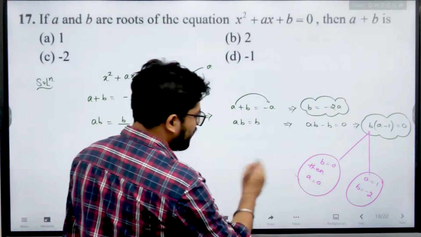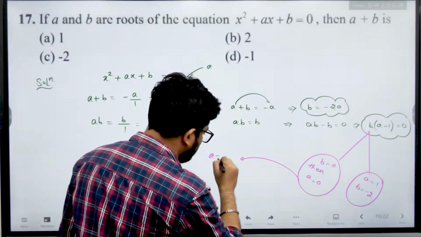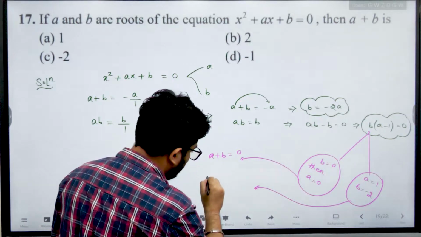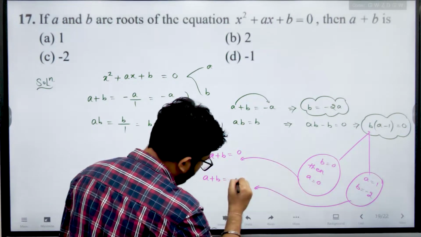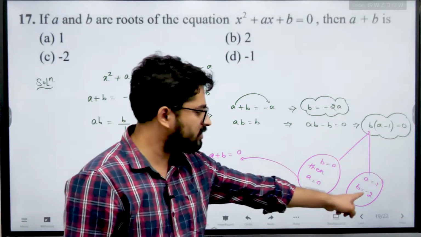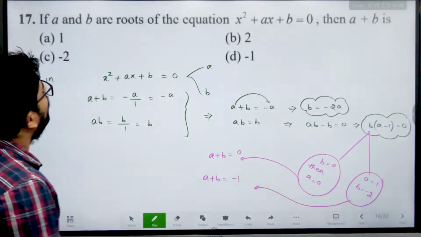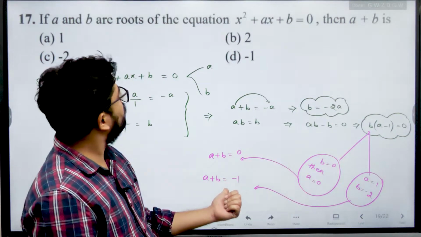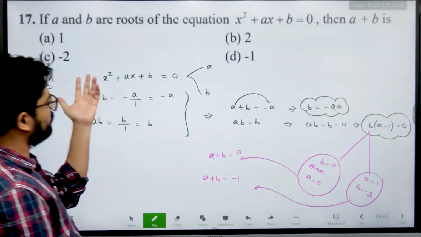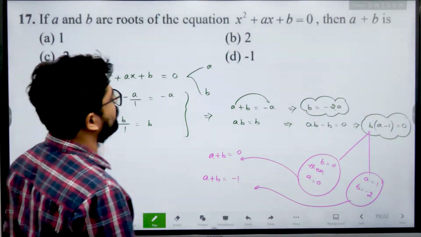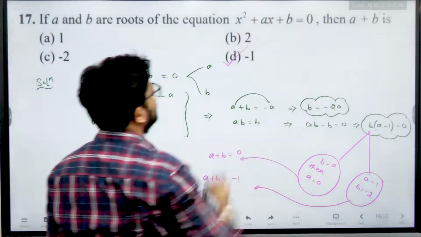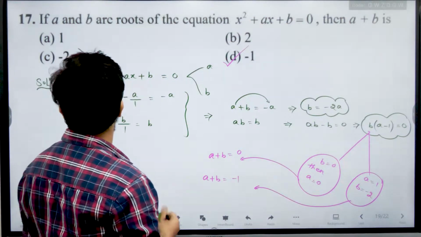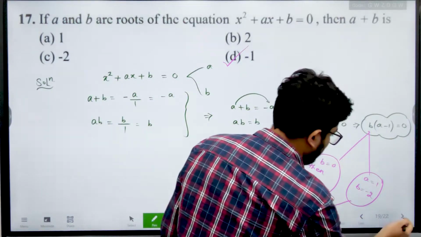So for the first case, a plus b is 0, and for the second case, a plus b is minus 1. So the a plus b value is minus 1 or 0. Which one is the correct option here? Minus 1, so D is the correct one. Got it. Now the next question is the 18th question.